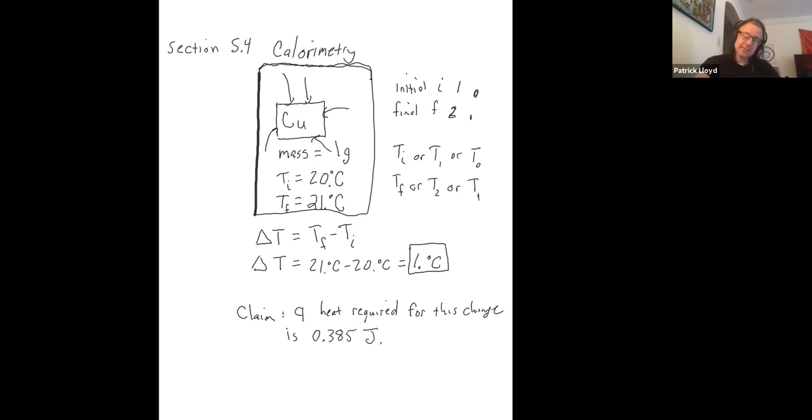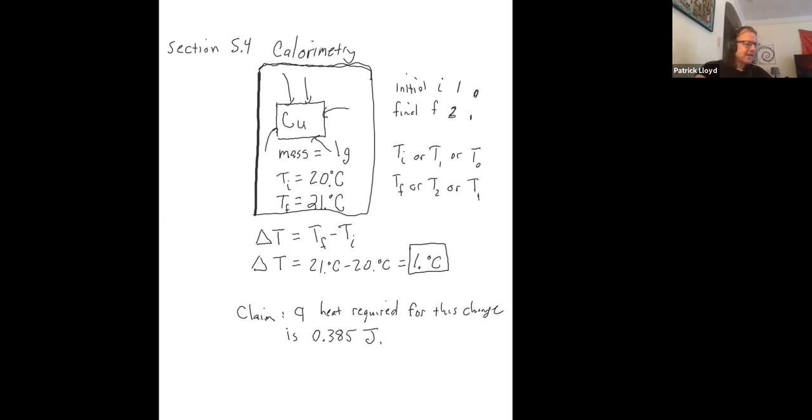That's my claim. That if we have 1 gram of copper and we change the temperature from 20 to 21 degrees Celsius, the amount of energy, the amount of heat required for that temperature change is precisely 0.385 joules.